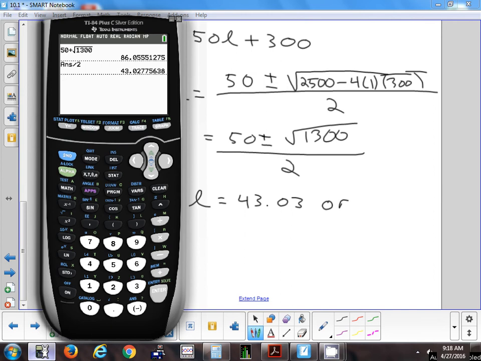Now, if I get a certain kind of answer, I know it doesn't work. What kind of numbers? Negative. Yeah, if I get a negative, I can ignore it. Okay, so let's just try the top and see what happens. I don't think it's going to come out negative. I don't think the square root's big enough. Okay, so we get 13.94 divided by 2. So we get two answers. 6.97 is the other answer.